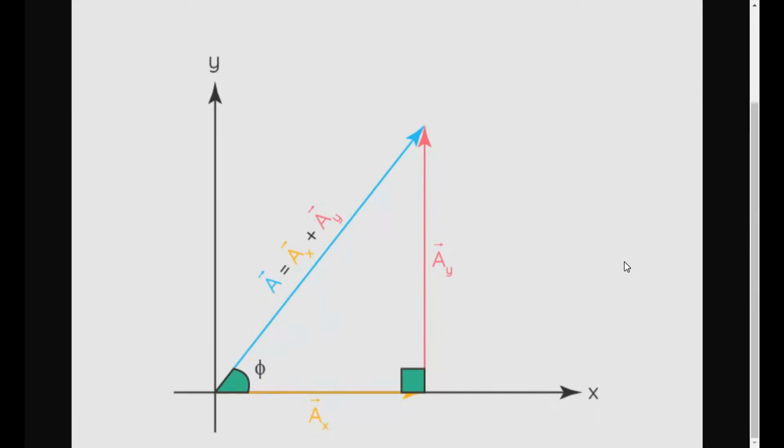How? What is the Pythagoras theorem? Tell me the Pythagoras theorem.